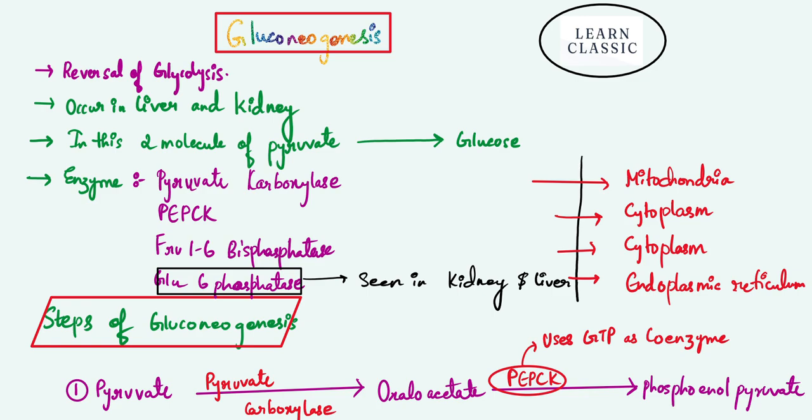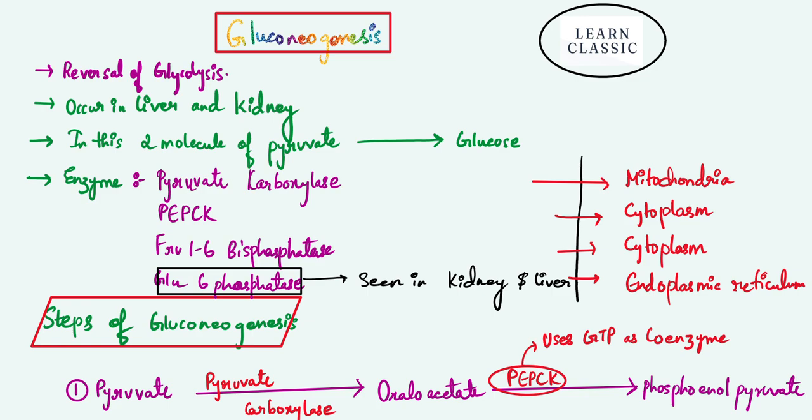First, we'll discuss the definition of gluconeogenesis. Gluconeogenesis is the synthesis of glucose from non-carbohydrate precursors, like lactate, amino acids, and glycerol. So we can say gluconeogenesis is the reversal of glycolysis, which primarily occurs in the liver and kidney.